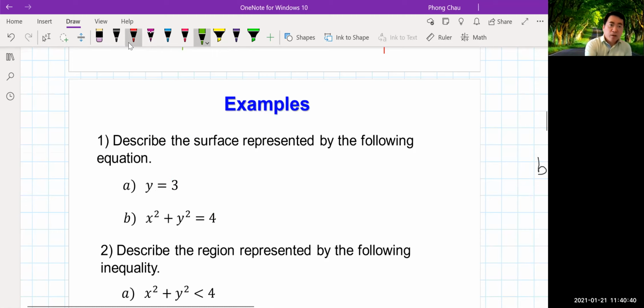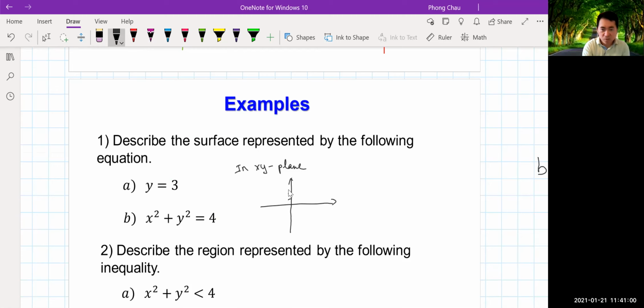Again, when we are in the plane, these are easy, right? So in the xy plane, things are easy. We know how this looks. Well, in the xy plane, recall that's going to be 1, 2, 3, and that is the horizontal line y equals 3, because this is the x-axis, this is the y-axis.